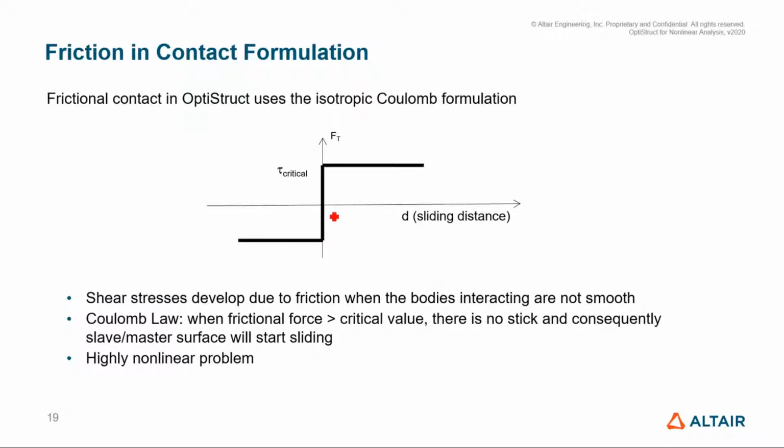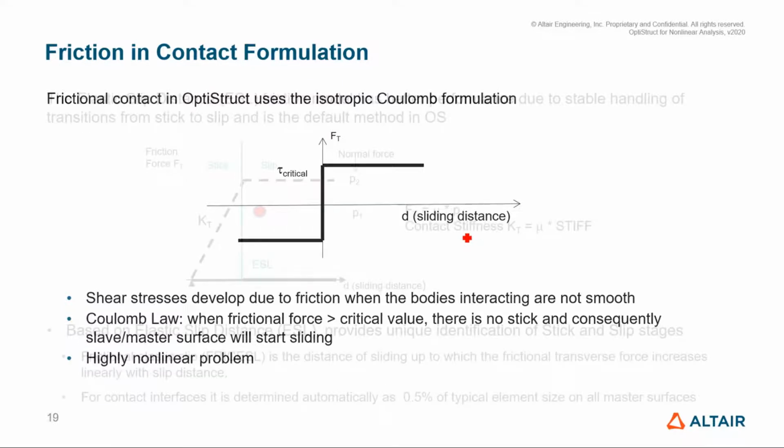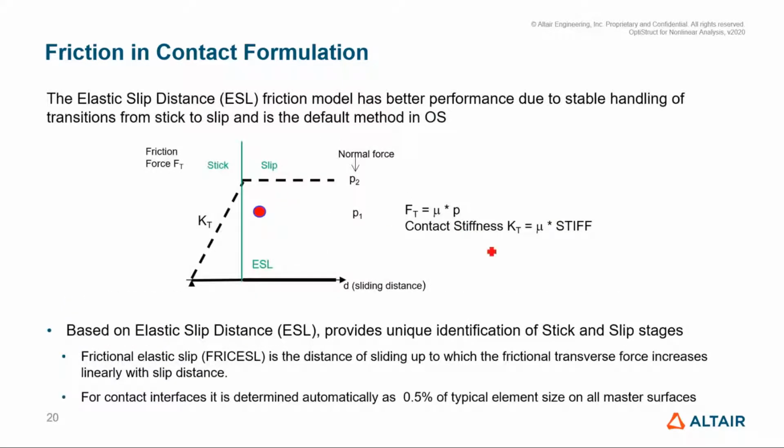As soon as the force exceeds that critical frictional force, then we will actually slide it, right? So this is mainly used in the sliding. When does the part actually start to move? It's all depending on the frictional contact that you define, of course.